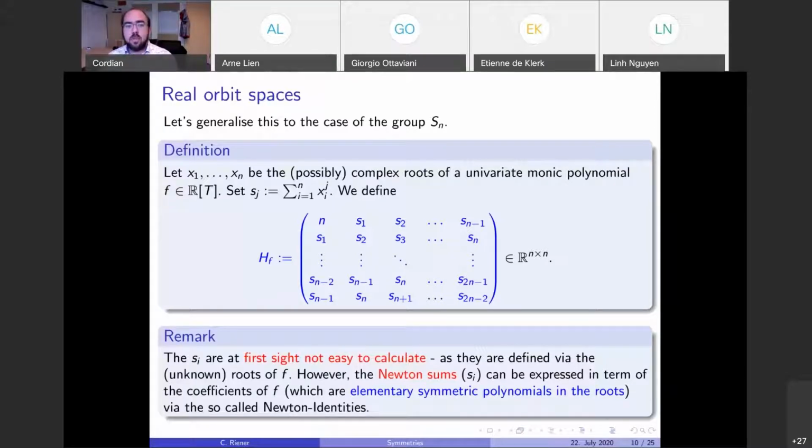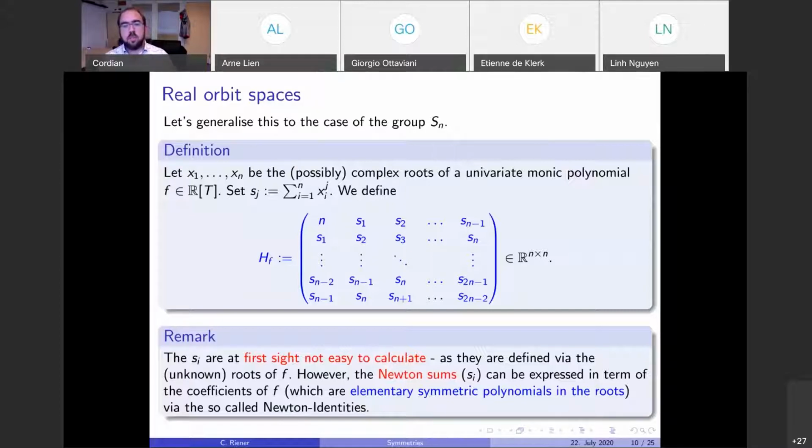And the elementary symmetric polynomials are exactly the coefficients of my polynomial. So although I write this down in this very nice way, essentially what you need to do to actually calculate this matrix for a given polynomial is to use the Newton identities to write those entries in terms of the coefficients of your polynomial.